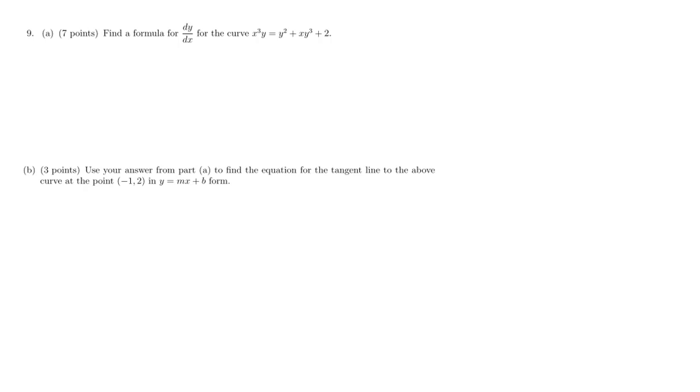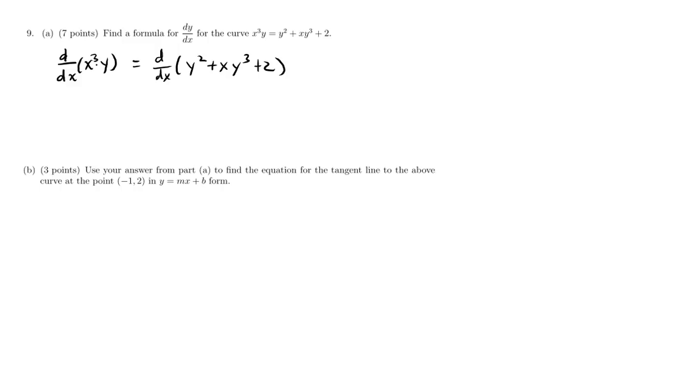Find the formula for dy/dx for this curve. Okay, so we have to differentiate both sides using implicit differentiation. And if you have a product, remember y is implicitly a function of x, so when you see this, you should treat this as a product of 2 functions of x, which means you have to use the product rule.